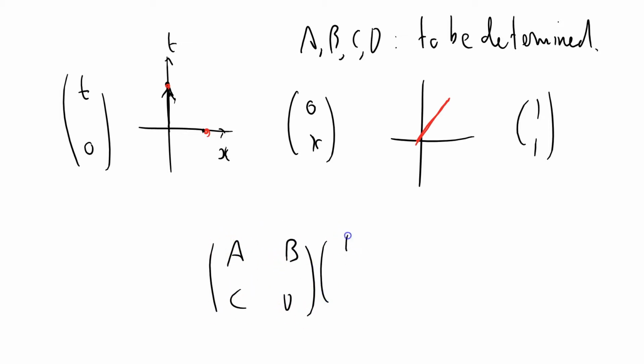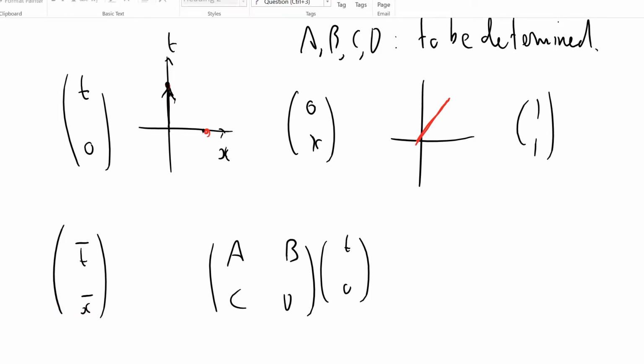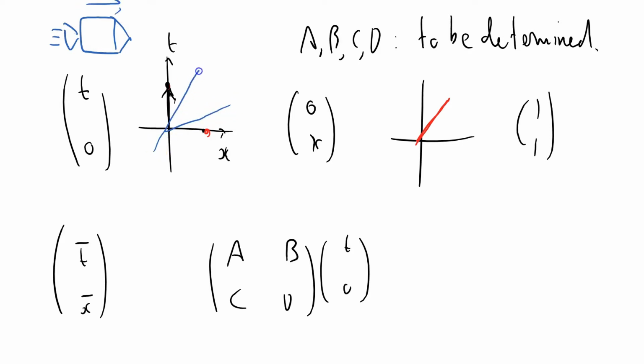So I'm going to use this one, t, 0, and this is equal to t bar, x bar, which is the coordinates as calculated by our friend in a spaceship. Let me draw that spaceship again. There's the spaceship, moving this way, and this person constructs a t bar axis there and an x bar axis there.